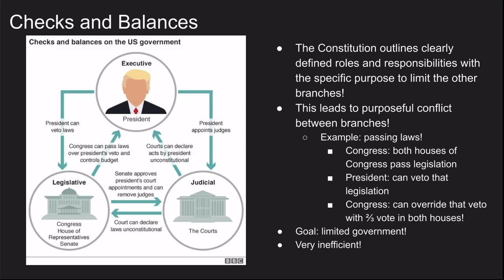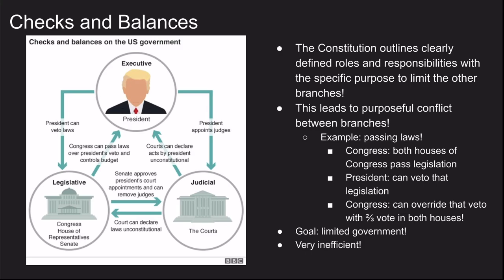If you look at this chart, you will see how the three branches of government can check each other and maintain the balance of power between those branches. Again, this is an inefficient way to conduct government, but it's what the Founding Fathers wanted. They were trying to prevent tyranny from the federal government.